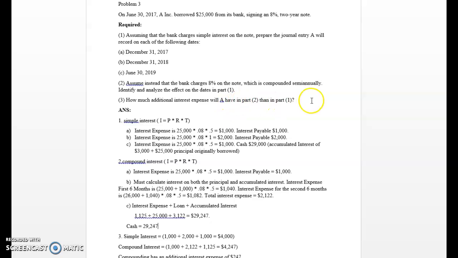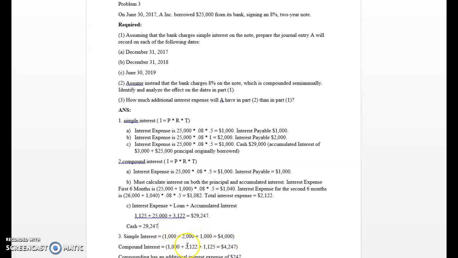All right, and then for our last problem here, how much additional interest expense will A have in part 2 than in part 1? So in this case, this is pretty simple. We basically add up all of our interest expenses from both of the two problems and then just find the difference of the two. So for simple interest, we take all of our interest expenses that we found for A, B, and C in question 1. So that would be $1,000 from part A, $2,000 from part B, $1,000 from part C. Added up, your total interest expense for that problem is $4,000.